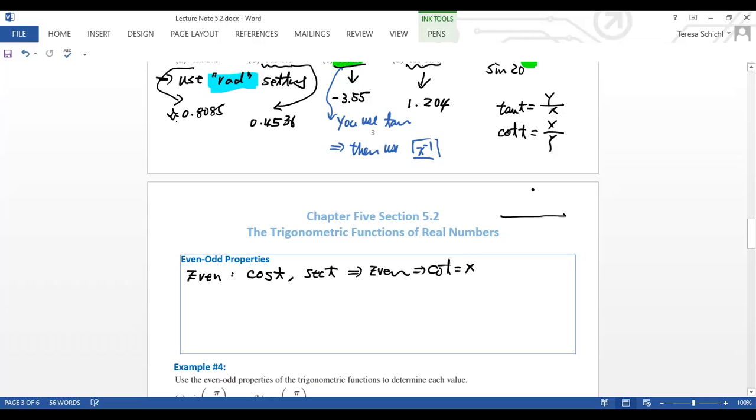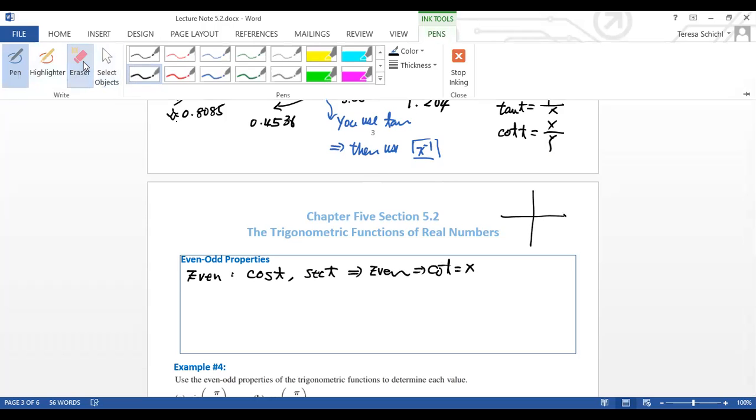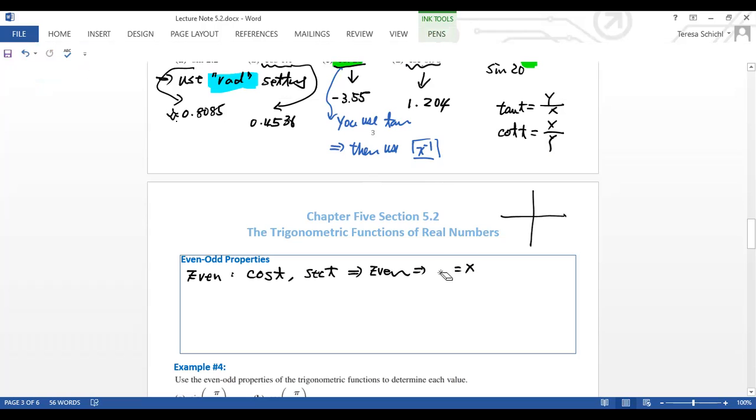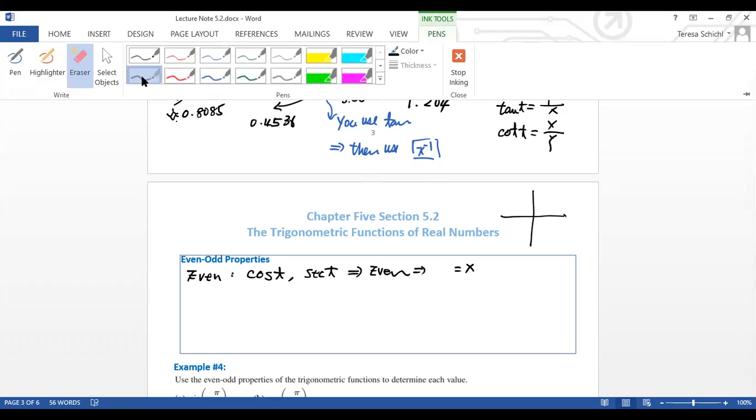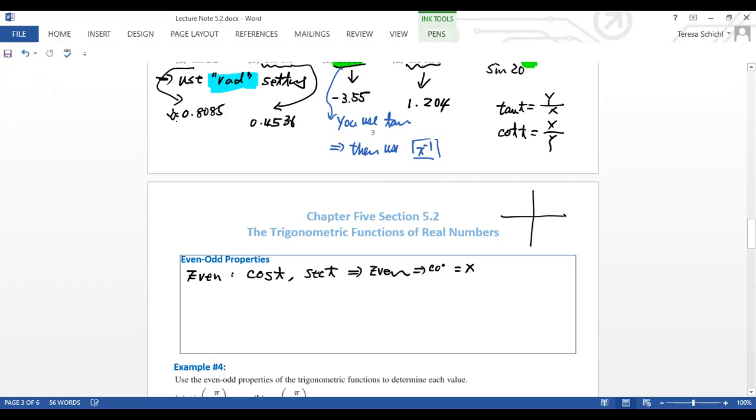So when you put the positive x and the negative x, they give you the same number. That's why we say cosine t and secant t are even functions.